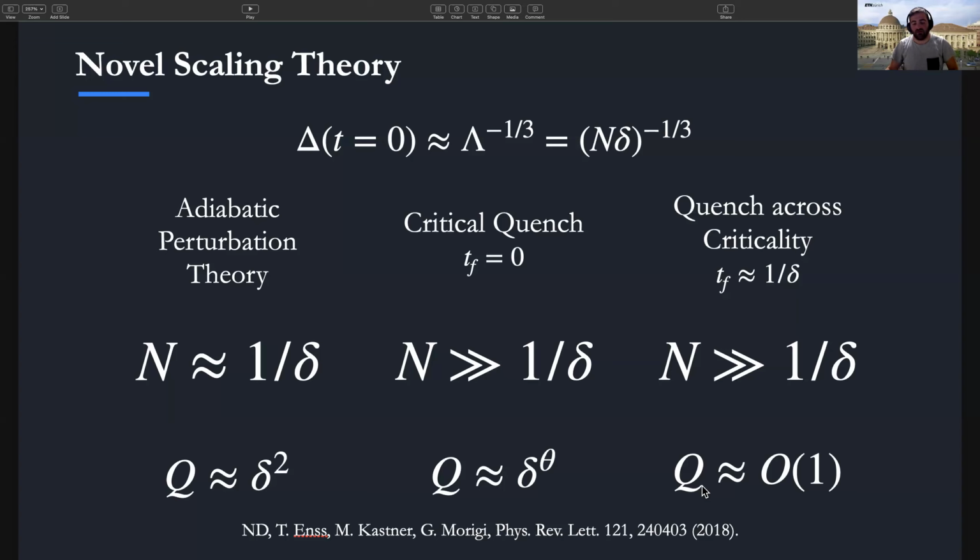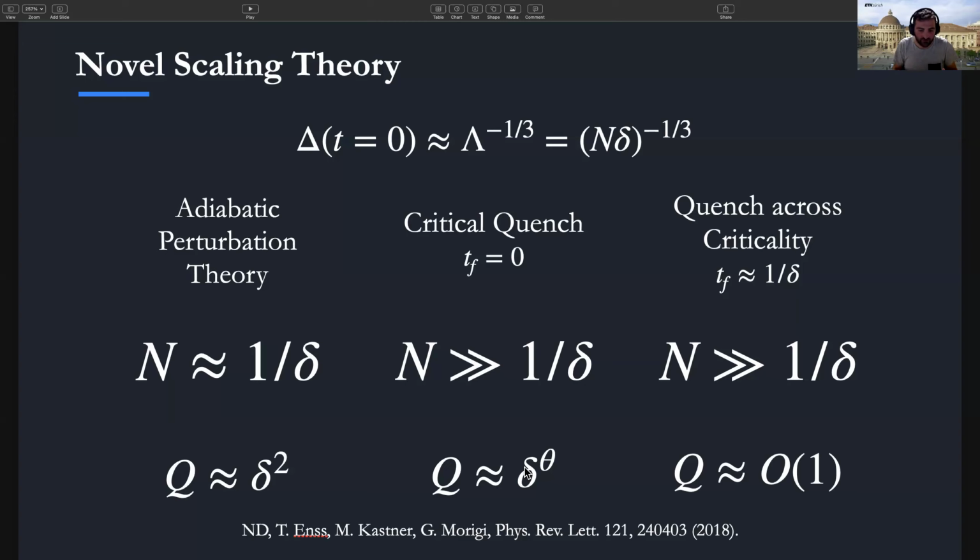But any finite theta will tell you that the number of defects goes to 0 when delta goes to 0. Any theta larger than 0 tells you that, because when you send the ramp velocity to 0, the transformation becomes a quasi-static one, like the one in a Carnot cycle, the quasi-static transformation that we're taught in thermodynamics.